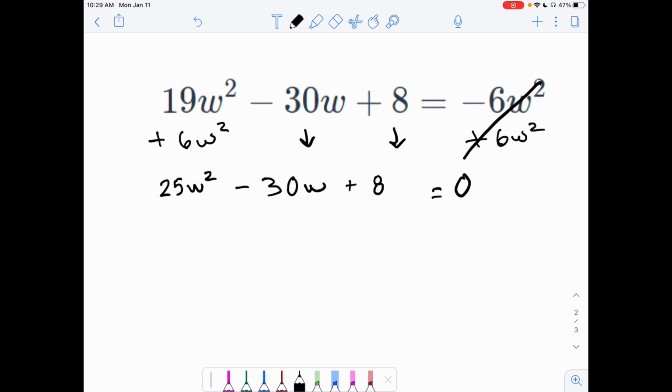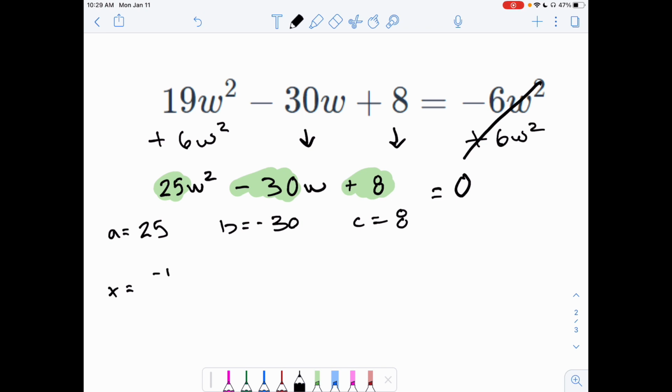So let me pull out my a, b, and c values. The a is the coefficient of w squared, b is the coefficient of w to the first, and c is our constant. So our a is 25, our b is -30, and our c is 8. Now we're going to use the quadratic formula.